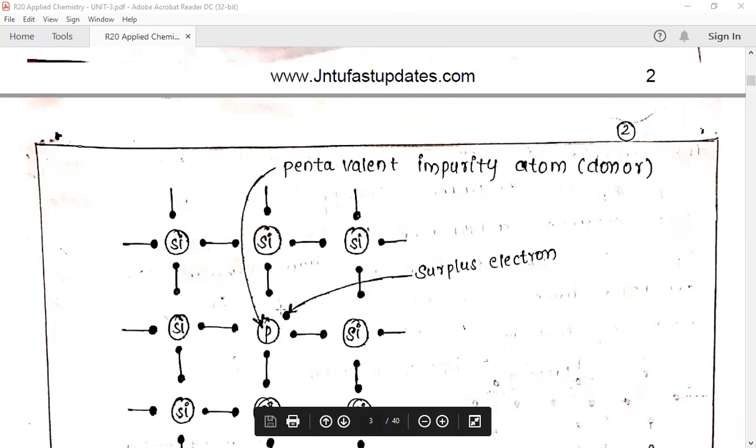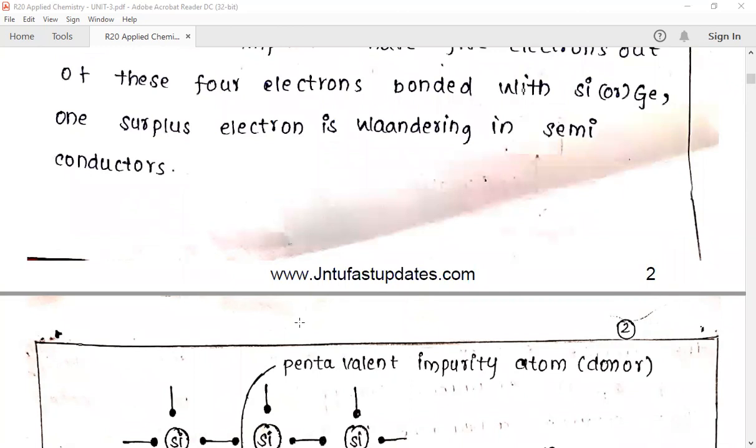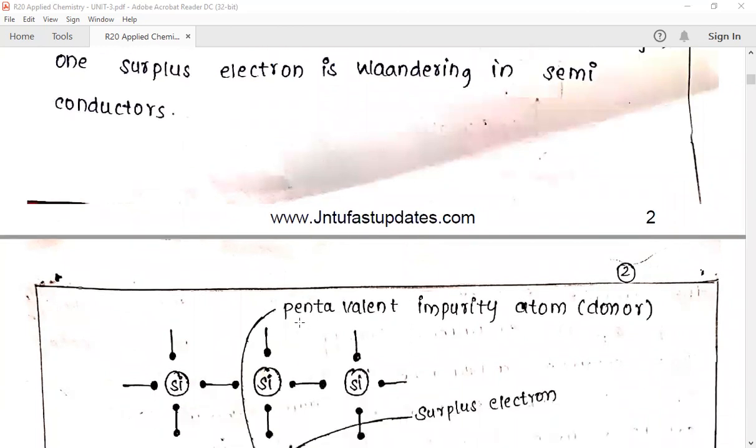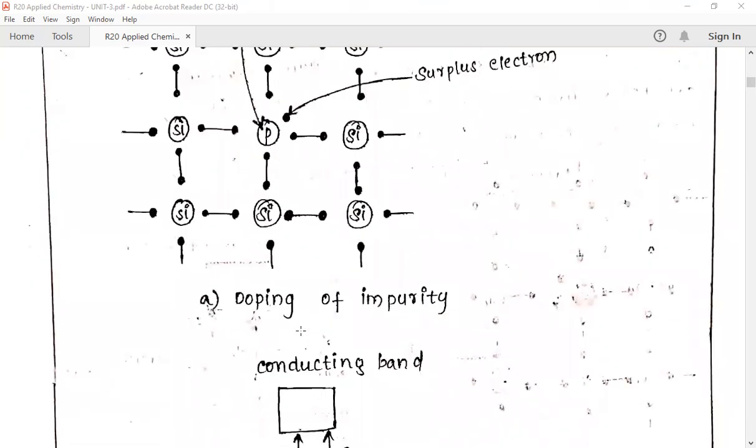This electron is known as the surplus electron. This surplus electron wanders in the semiconductor. By wandering from one place to another, it conducts the electrons and conductivity increases.